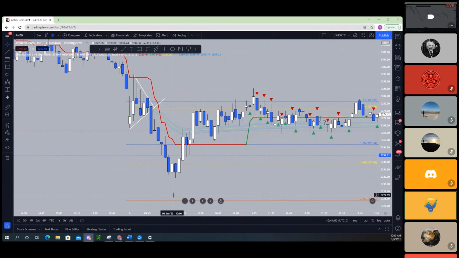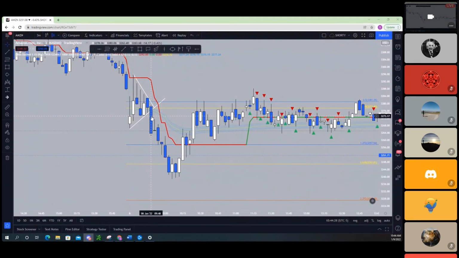Which candle is an inside bar? This one here. The one after that white one is an inside bar. Inside the triangle, the white candle, like that one right there, is an inside bar. The blue one is an inside bar. The one after that as well. But I don't know exactly which one you're talking about.